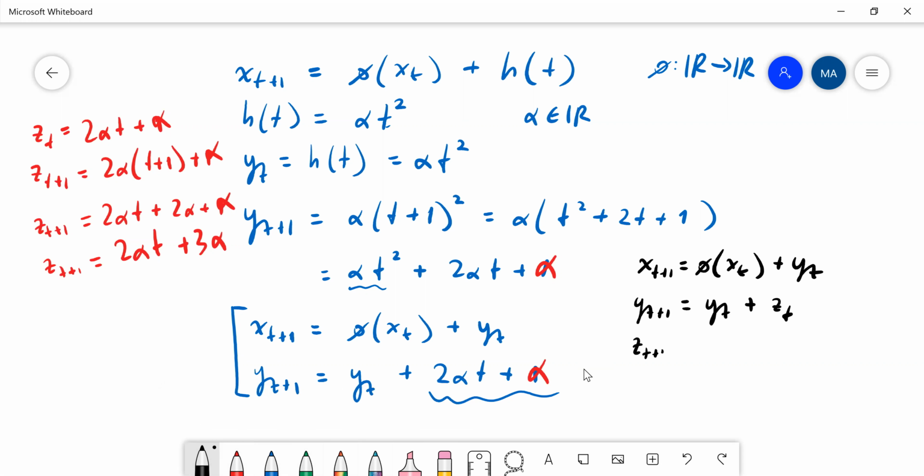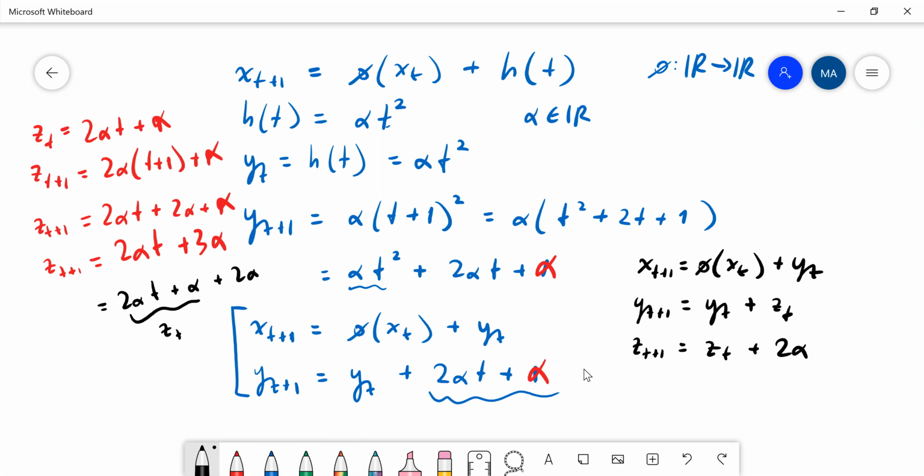And z_{t+1} equals z_t plus 2 alpha, right? Because 2 alpha t plus alpha is z_t, and now you also have 2 alpha, so this is z_t.